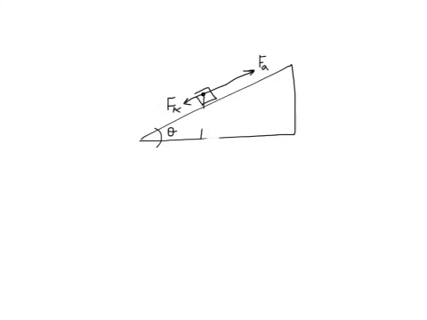Gravity pulling down. Let me try it again. Make that straight. It's a little better. And then there's also a normal force pushing perpendicularly to the ramp. So the normal force goes up like that. I need to practice using my stylus more.